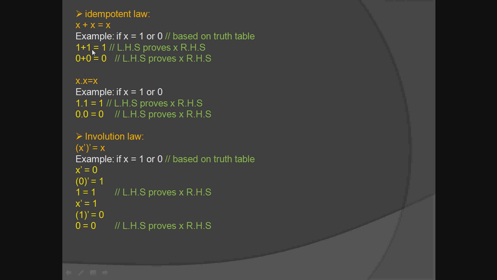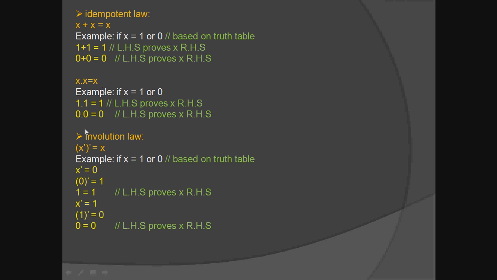Similarly, under the idempotent law, x and x equals x. If x equals 1, 1 and 1 equals 1, which proves the right hand side. And if x is 0, 0 and 0 equals 0, which proves LHS equals RHS. Clear? So these are the laws that you must memorize and keep in mind whenever executing.